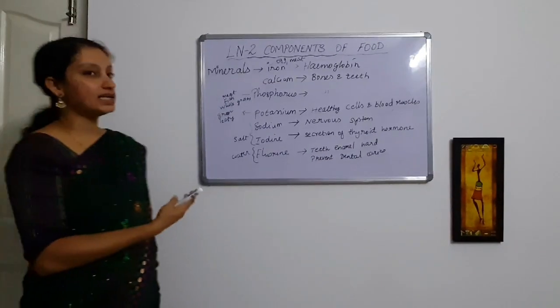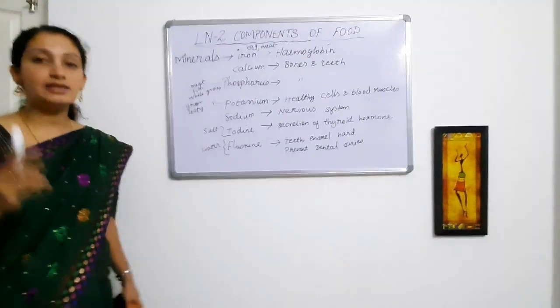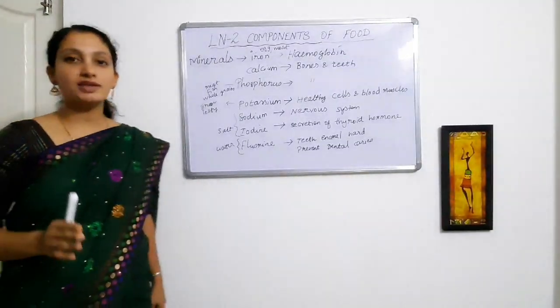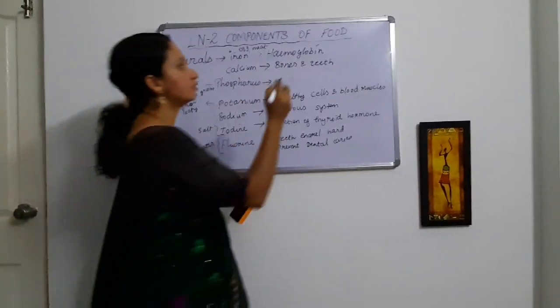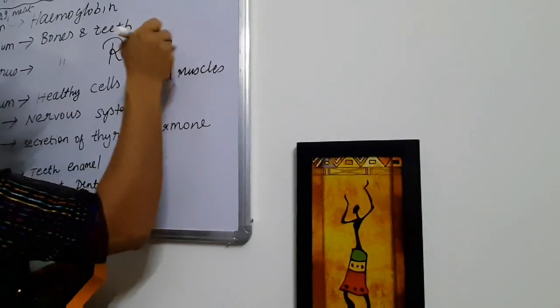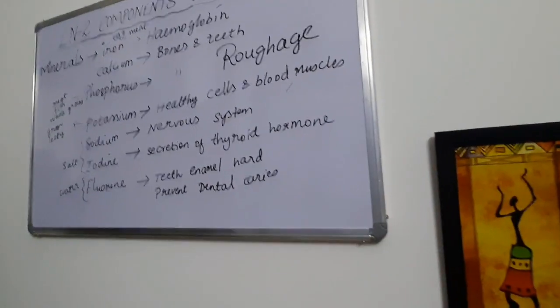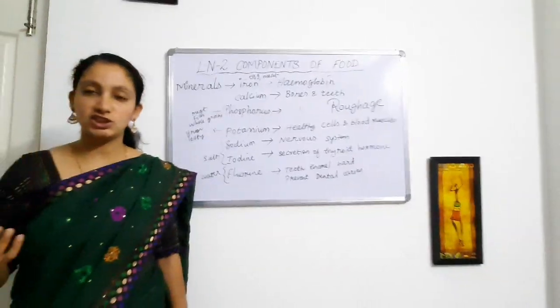Apart from all these 5 types of components, we need 2 more things to be included as components of food which are not considered as nutrients. What are they? Those are roughage and water. Roughage is otherwise called dietary fiber. What is the use of roughage?